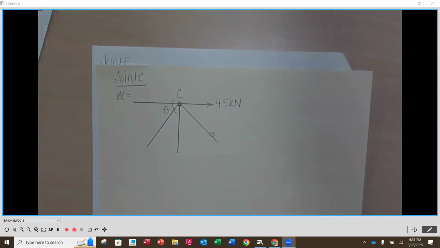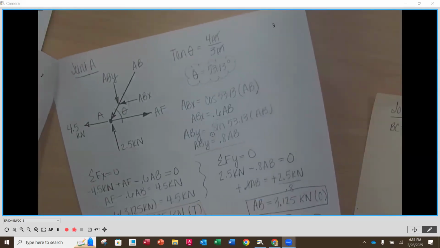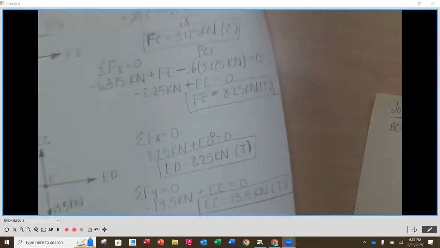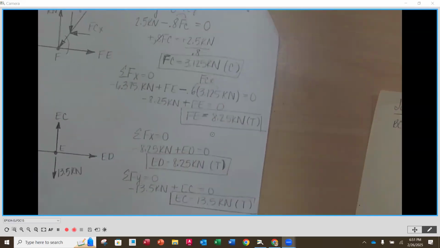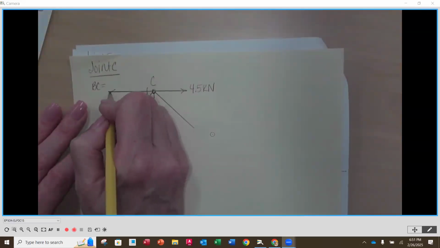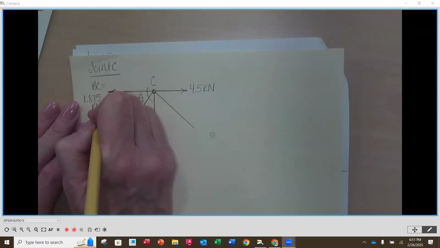And you've got to look back at your previous joints. BC was in tension, and it was a value of 1.875 on B. So it is going to be in tension, pulling away from C, 1.875 kilonewtons.